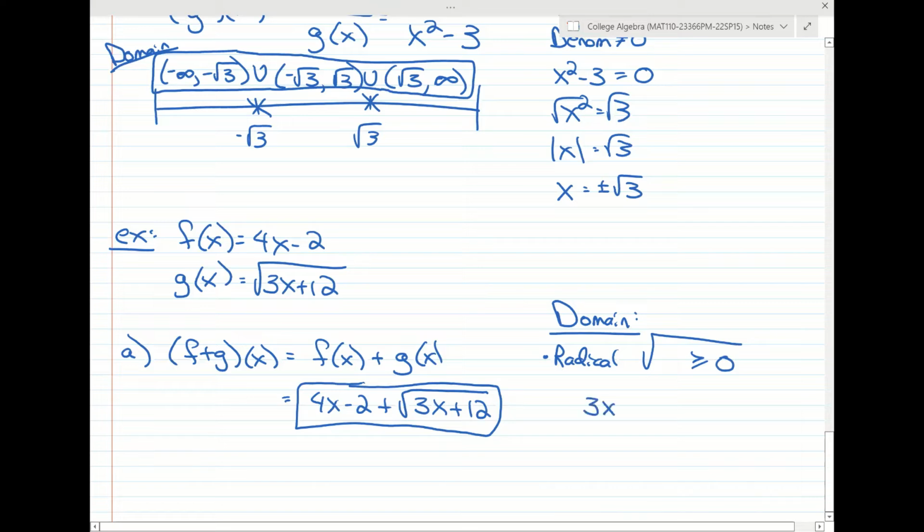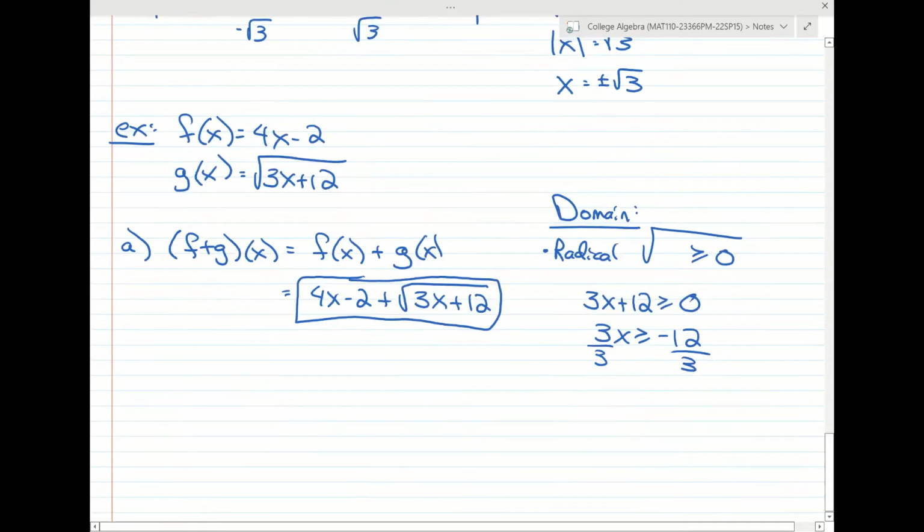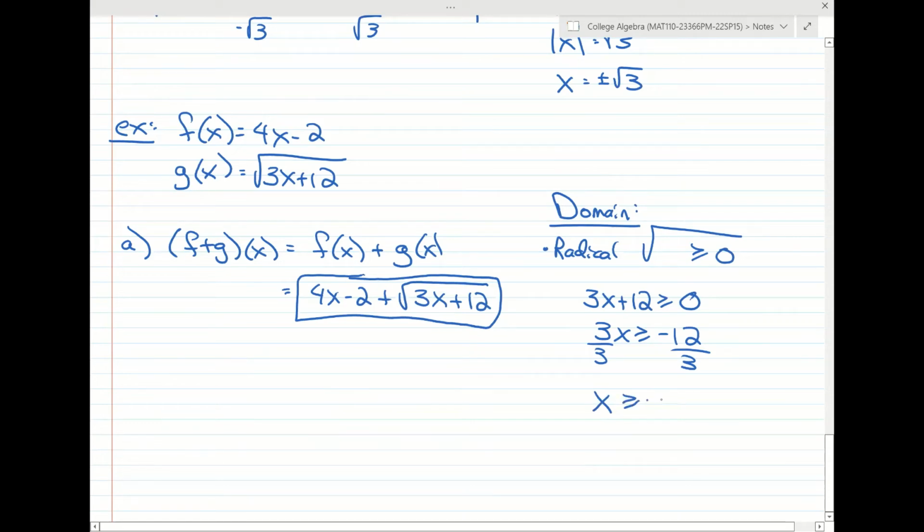So in this case, 3x plus 12 would have to be greater than or equal to 0. 3x would be greater than or equal to negative 12. Dividing by 3, x would be greater than or equal to negative 4. So as far as your domain, you could only pick x values that are greater than negative 4, because otherwise you get a negative in the square root.